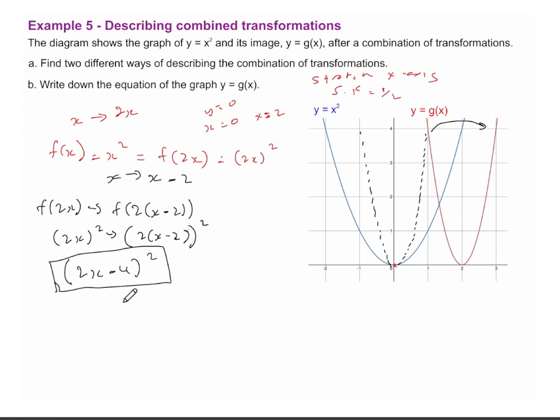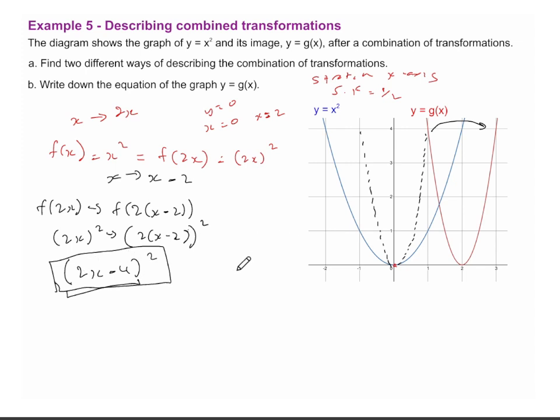And to get to this, we can go two different ways. We could start off with the translation, then go to the scale factor. Or we could start off with the scale factor, then go to the translation. And remember, if we want to do transformations in the x-axis, we would need to do reverse BODMAS, which means if you want to keep it the exact way, we would start off with the translation, then we go into the scale factor and the stretch.